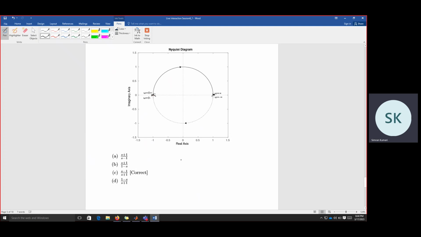Let us try to find out the transfer function of the system. At omega equal to 0, what is the value of G(j omega)? This is in the GH plane, so H is 1, so this is G, and G(j omega) will be minus 1.